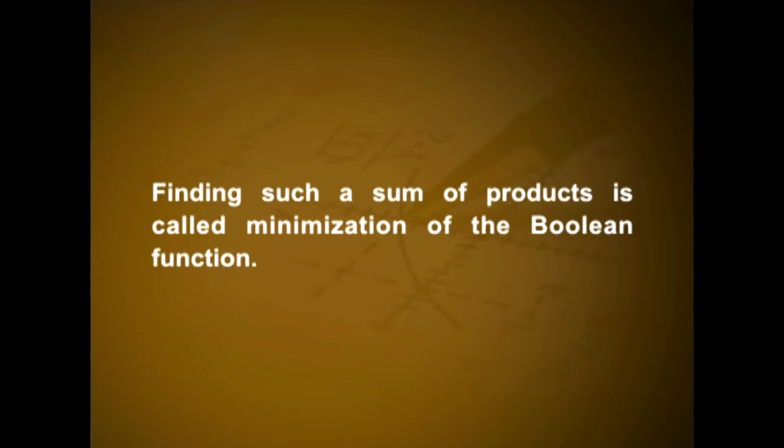The goal of both procedures is to produce Boolean sums of Boolean products that represent a Boolean function with the fewest products of literals such that these products contain the fewest literals possible among all sums of products that represent a Boolean function. Finding such a sum of products is called minimization of the Boolean function.